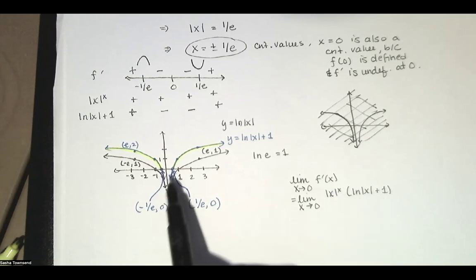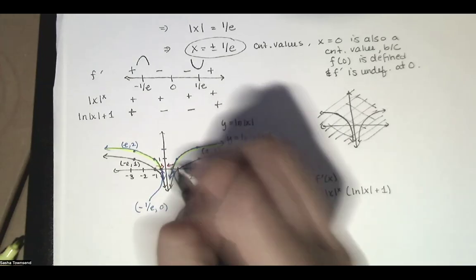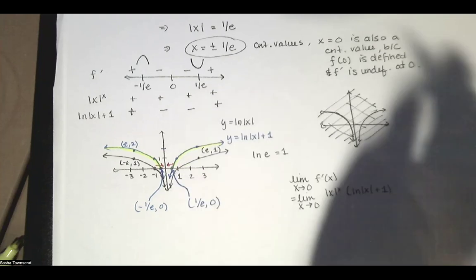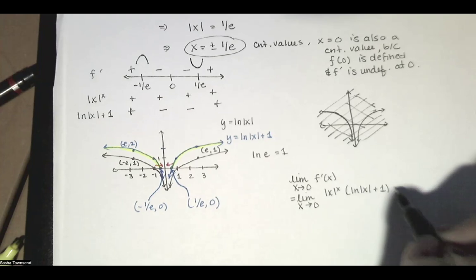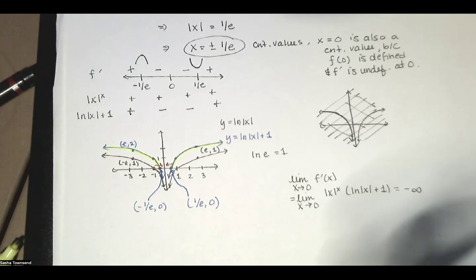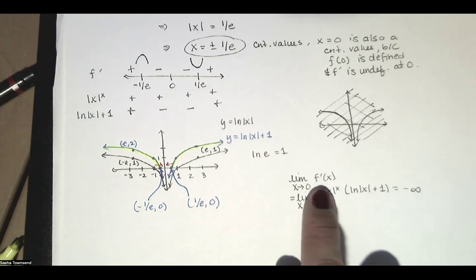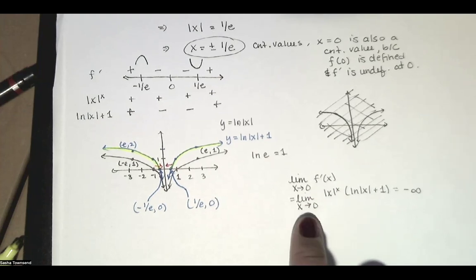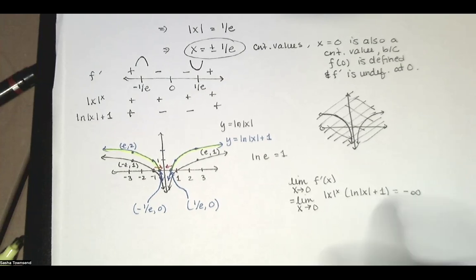And we can see that as x goes to 0, from the right and the left, the blue function is approaching negative infinity. Since this is going to negative infinity, the function is going to negative infinity as x approaches 0. So f prime of 0 is undefined. But if it were defined, it'd be going to negative infinity. So I think that means we have a vertical tangent line there.